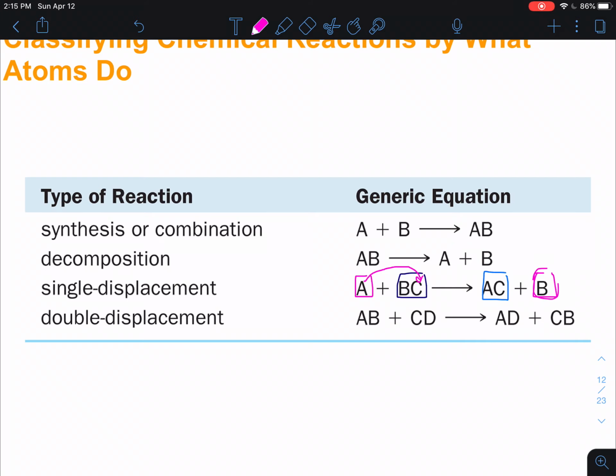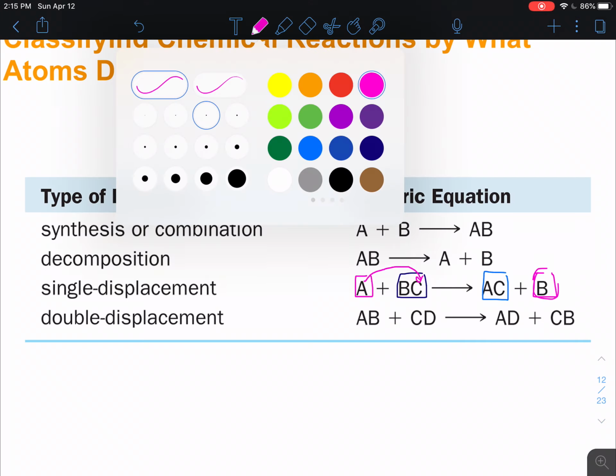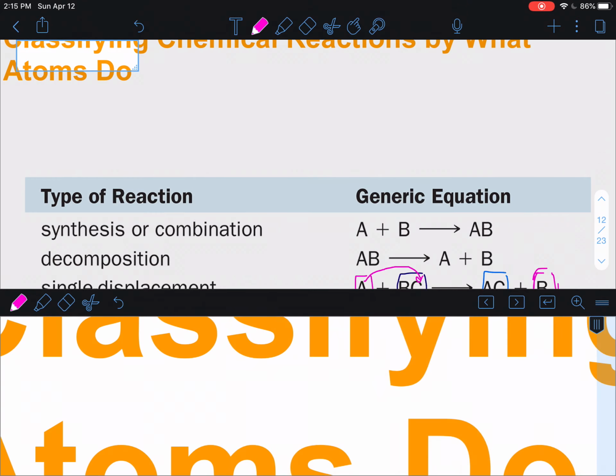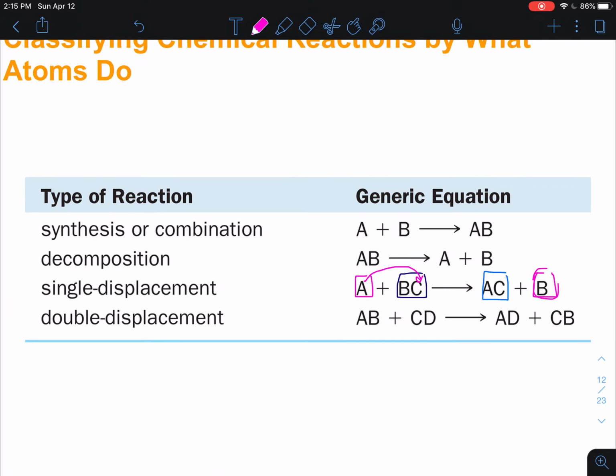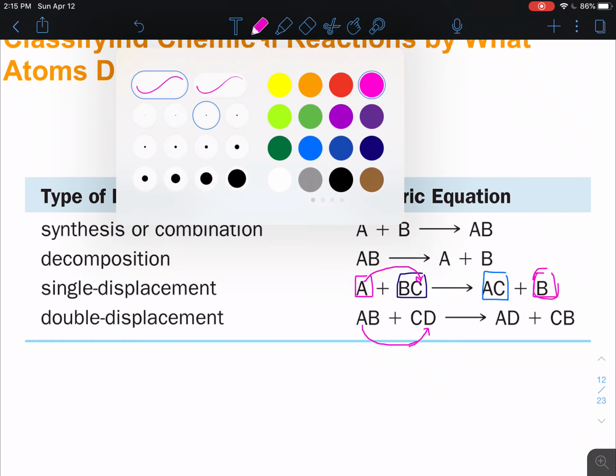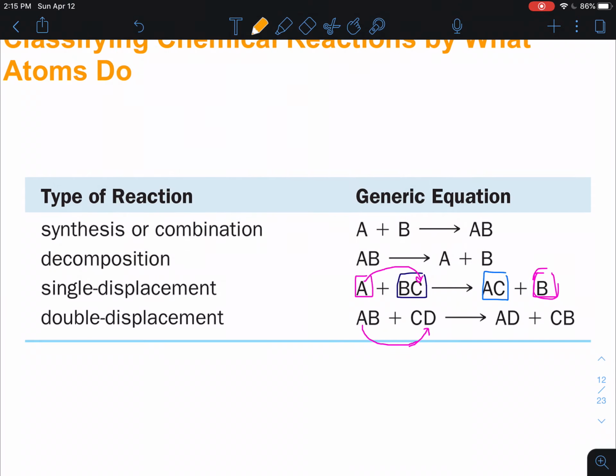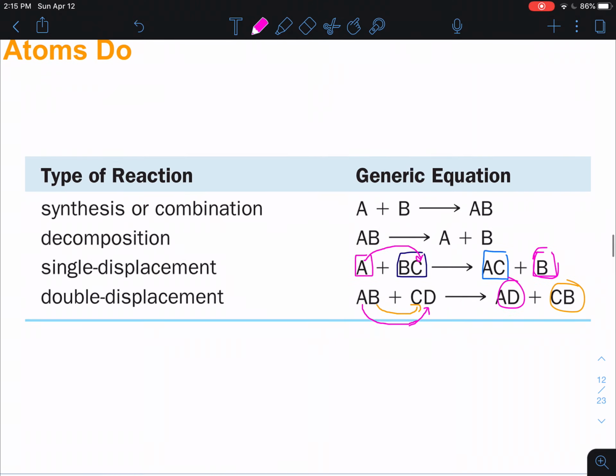And then the other thing is, again, double displacement. This is where everybody swaps partners. A and B were originally together. A is going to react with, let's say, D, and B is going to combine with C. All right, so you have this, and you have that. So I'll take you through some examples.